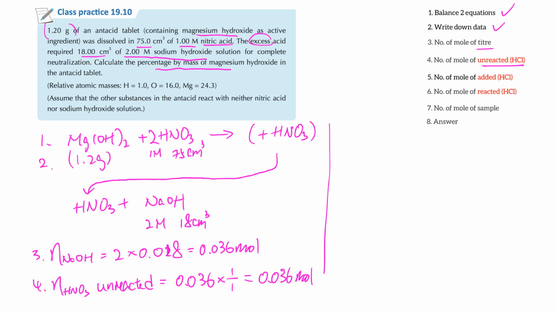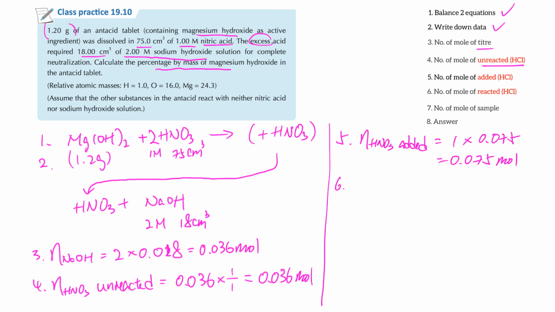And then step 5, we're going to find out the added HNO3, so we can do the subtraction. The number of mole of HNO3 added equals 1 times 0.075, so the answer will be 0.075 mole.